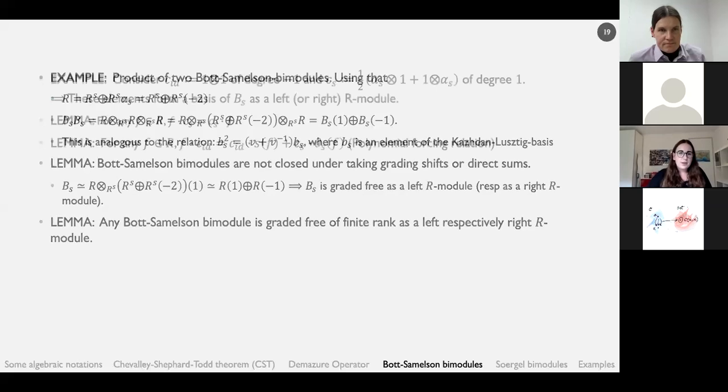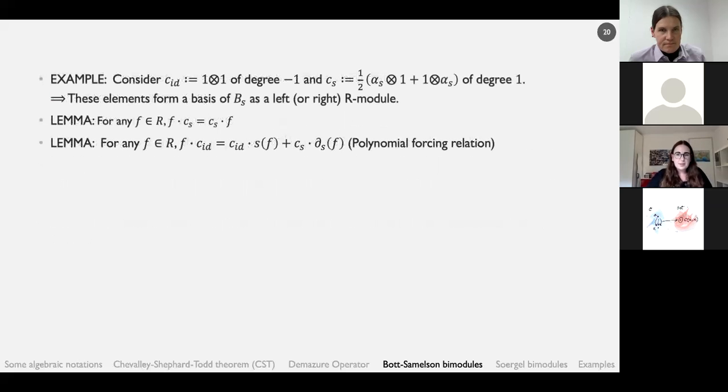Now consider the two elements C_ID, which is the tensor product of 1 and 1, and by convention and how we defined alpha S, this has degree -1, and the other element C_S, which is defined to be 1/2 of (alpha S tensor 1 plus 1 tensor alpha S), and this has degree 1. These elements form a basis of BS as a left, respectively right R module.